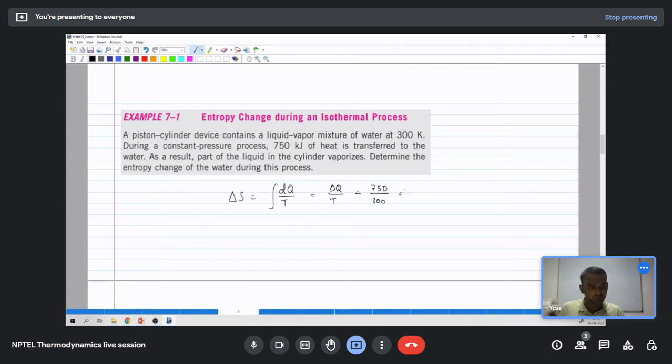So we have 750 by 300, which is 2.5 kilojoule per Kelvin. Sorry, it is not per kg, it is kilojoule per Kelvin.